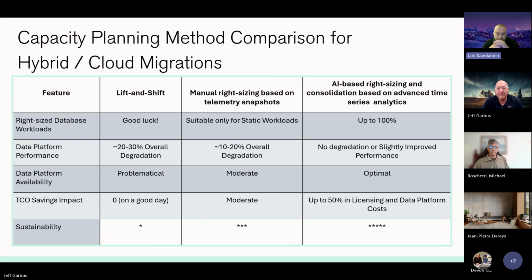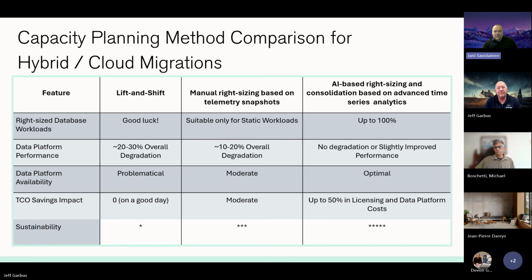Yeah, thank you, Jeff. And exactly as you said, the lift and shift has a few basic problems. For example, if you are comparing apples to apples, say you go from on-premises to the Azure cloud, you may select a CPU that has 16 cores in the source environment, and you'd like to have 16 cores on the target system.